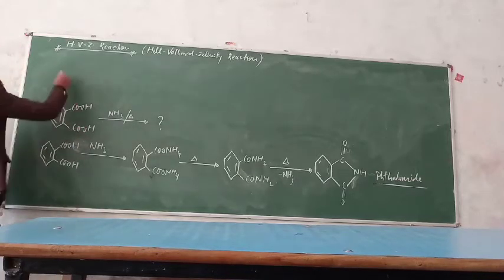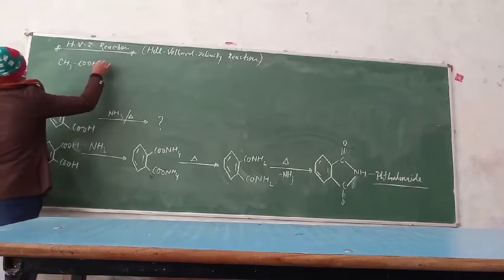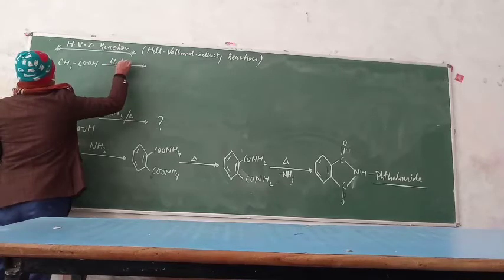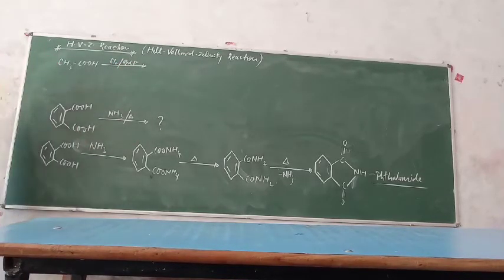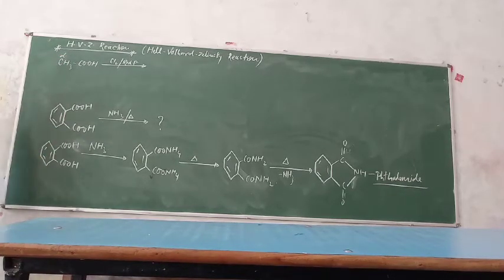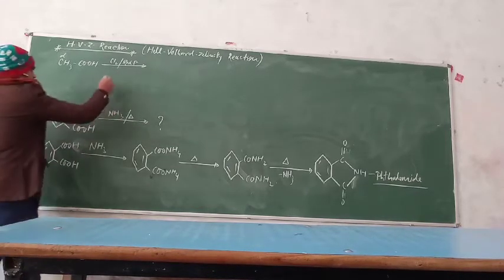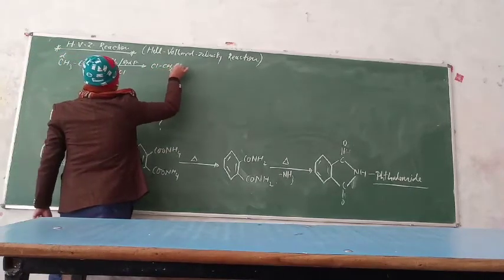Clear? Suppose we are considering the HVZ reaction, and the acetic acid is given, and this acetic acid is treated with the red phosphorus and chlorine. Clear? So this will be the alpha carbon, and one of the alpha hydrogens and one of the chlorines will form HCl, and here HCl is removed and we get the chloroacetic acid.